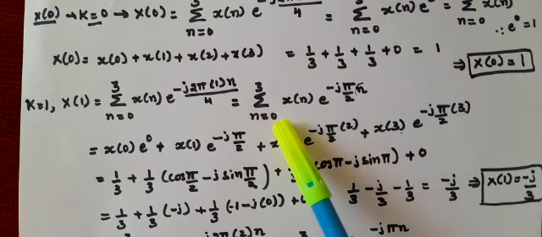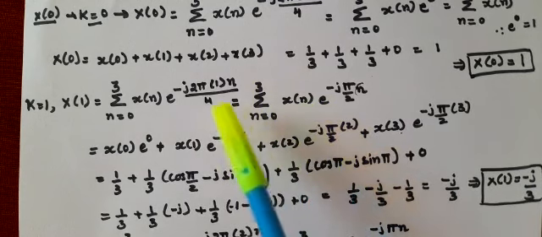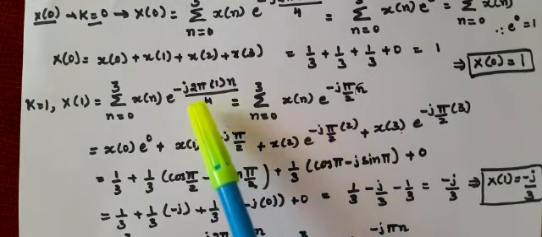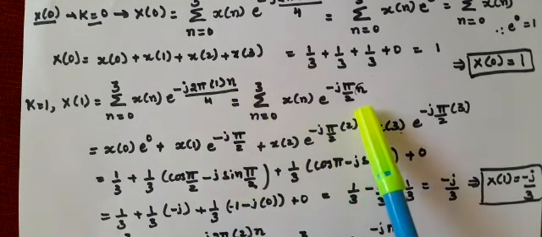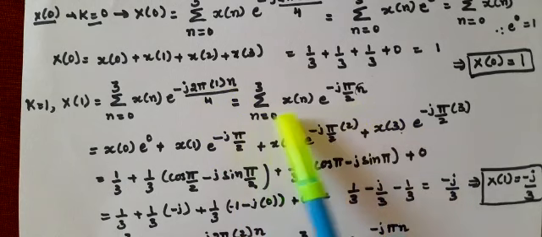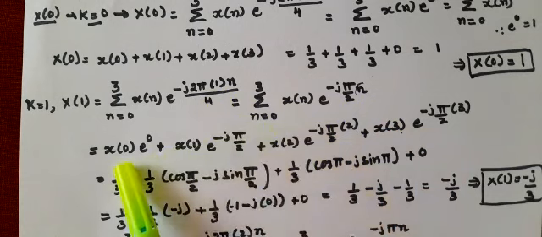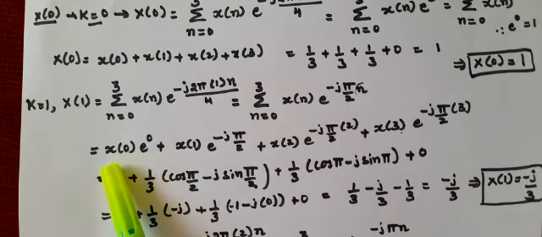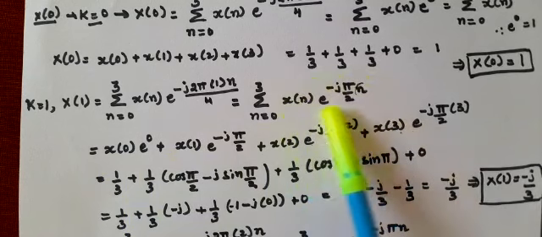So summation n is equal to 0 to 3 of x of n, on cancelling, we get e to the power minus j pi by 2 n. On expanding this summation, we get the equation as x of 0, substituting now n is equal to 0.